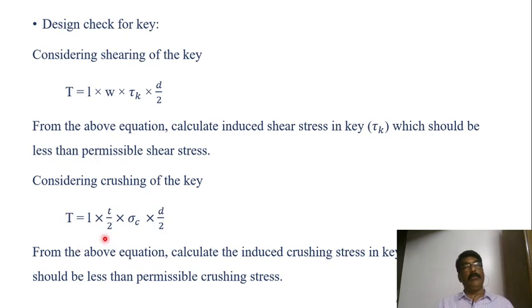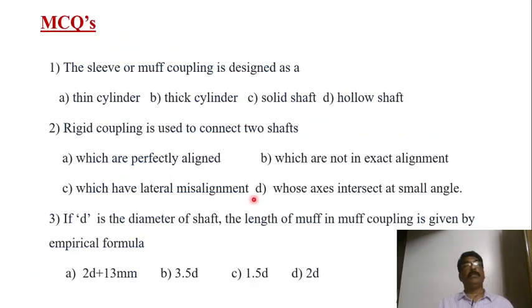So substituting the values here, we can calculate sigma C, that is the crushing stress for the key material. If its value is lesser than the permissible crushing stress, then the design of the key is safe under crushing. Thus, the key is to be checked for shearing as well as crushing, and the respective stresses. If they fall within the permissible values, then the design of the key is safe.